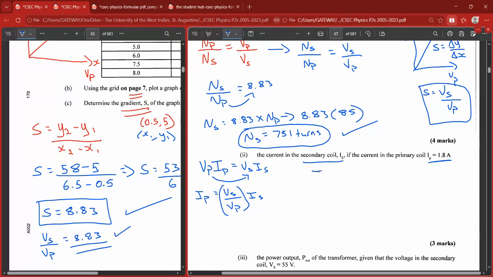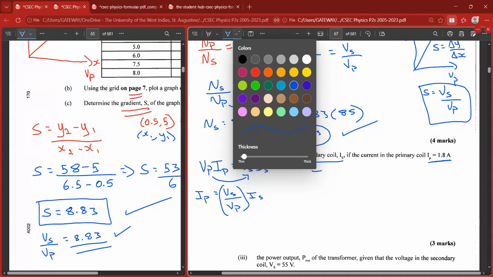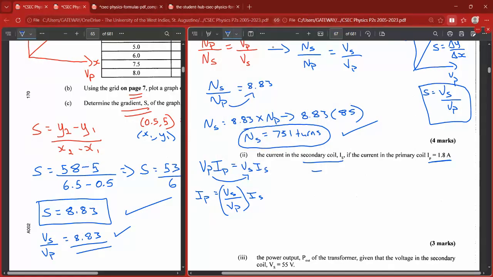So replacing Ip with 1.8, 1.8 is equal to Vs over Vp, which is 8.83 times Is.